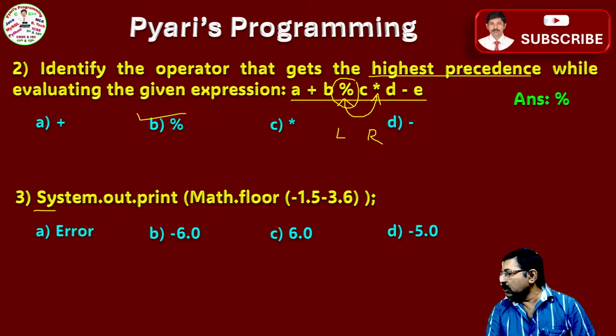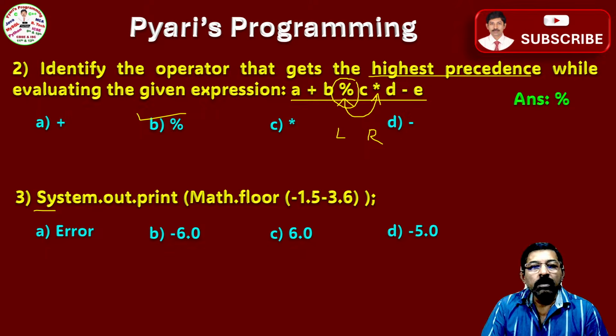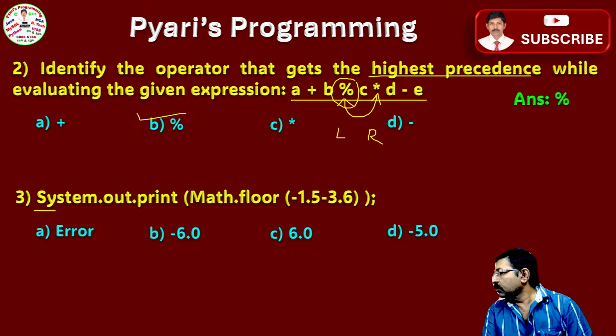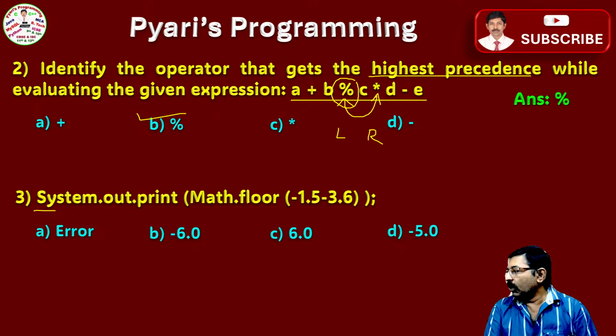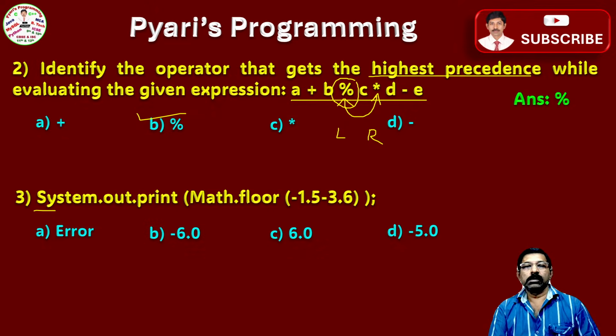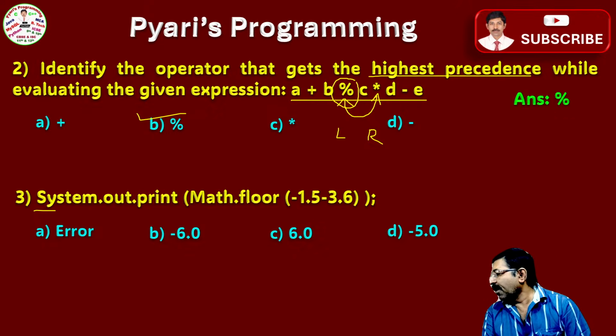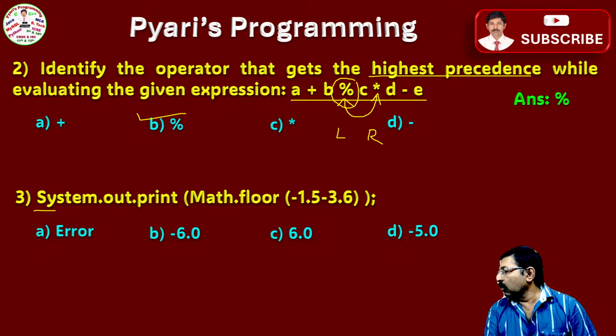Sir, the comma is missing between the parameters. Where is the comma missing? Charan, where is the comma missing? Maximum are saying option B. So comma is missing, so runtime error. I don't know where you are looking for the comma. Yes, we got the explanation from the candidates.